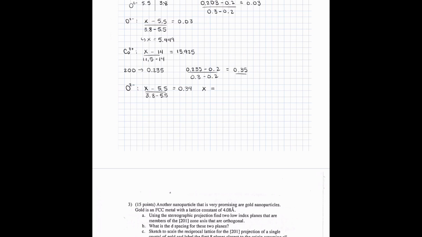This x is equal to 4.92. And for cobalt, x minus 14 over 11.5 minus 14 is going to equal 0.35. X is going to be 13.15.